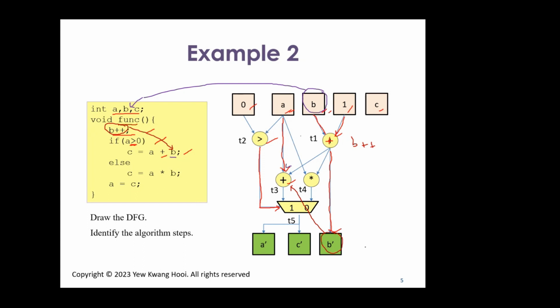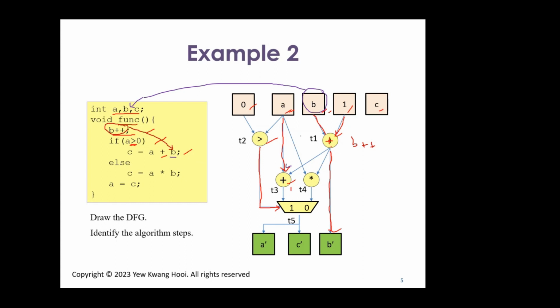The answer is what I earlier mentioned. Because all the boxes here are the outputs. We don't want to touch them. Okay, remember, don't touch them. So instead, if we cannot use the value from there, where can we get the value from? Note that just now, this T1 operation, this plus operation here, produces B apostrophe, right?